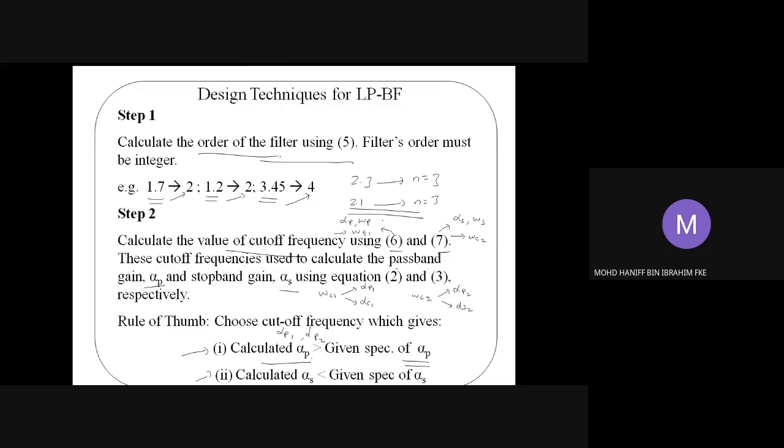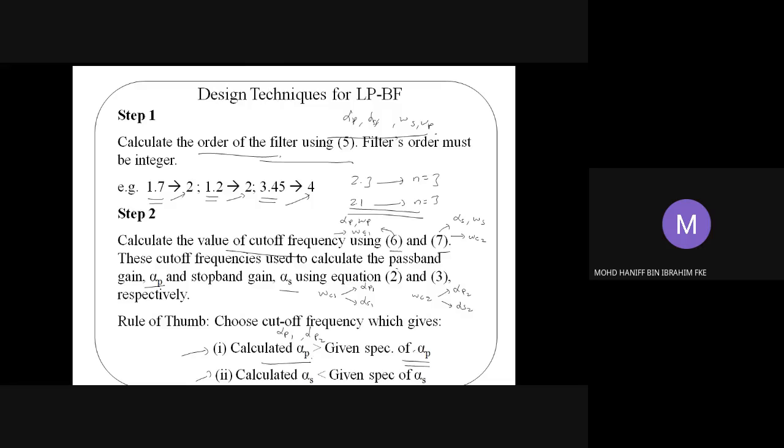Remember, in order for us to calculate the filter order n, you must have been given alpha p, alpha s, omega s, and omega p. These are the specifications given earlier. So for step number 2, your calculated alpha p, obtained from the use of omega c1 or omega c2, must be bigger than the given specification.